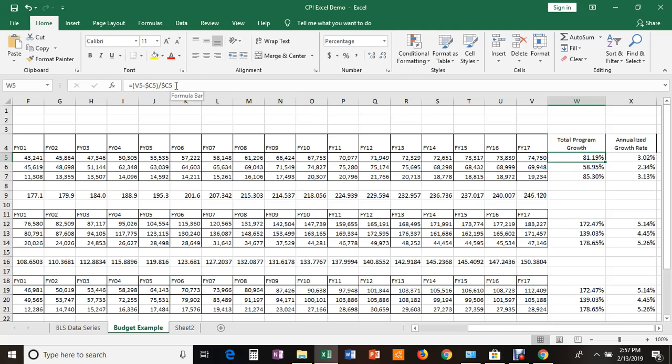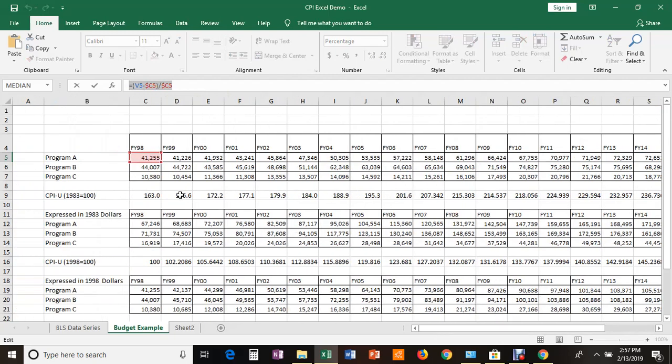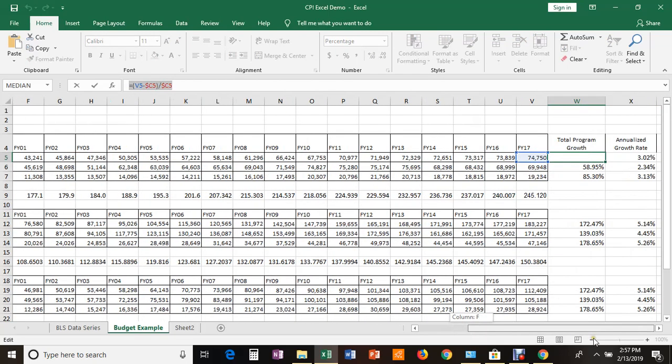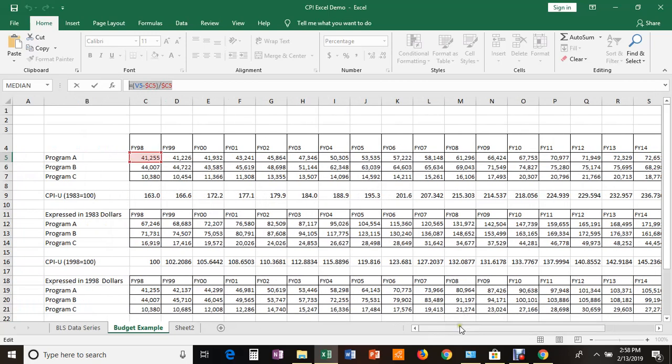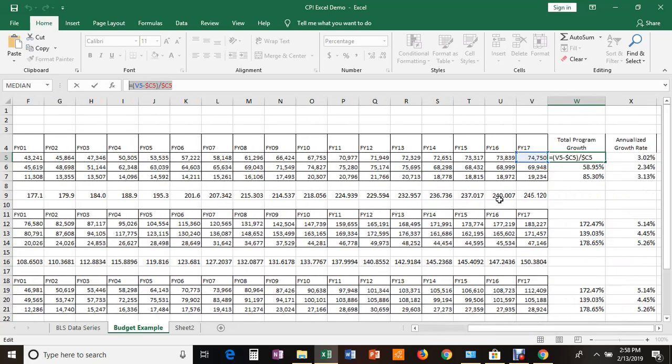Just by this simple formula that I put into my cell there, which is the ending period number minus the beginning period number, in parentheses. That sum is divided by the beginning period number. So that gives you the growth, right? So it's ending period minus beginning period, all divided by the beginning period.